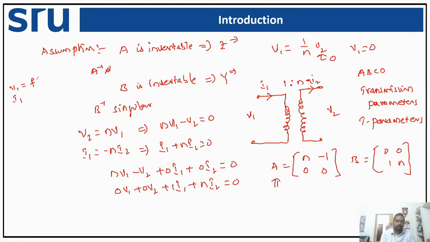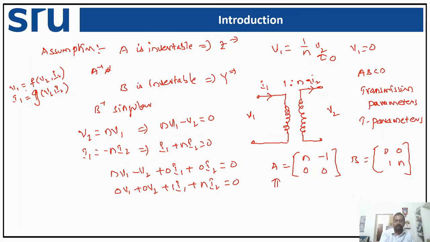V1 is a function of V2 and I2, and I1 is also a function of V2 and I2. So our input and output ports are directly related, which means a change at the output terminal will affect the values at the input terminals. So this will be the criterion.